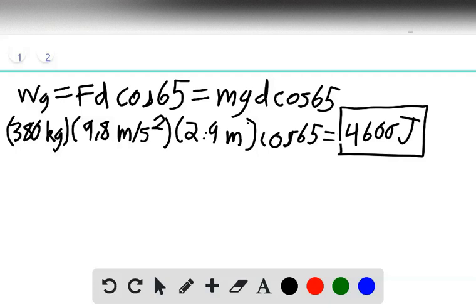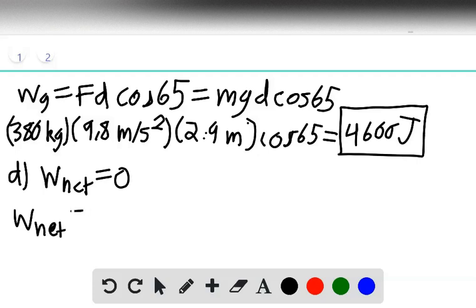Our final part asks what the net work is on the piano. Because there's no acceleration, the net work is going to be equal to 0. And the only two works that we have here are the work of the push of the man plus the work of gravity.